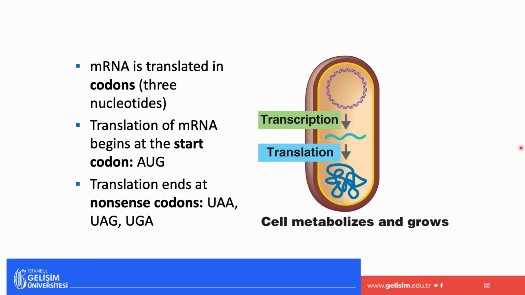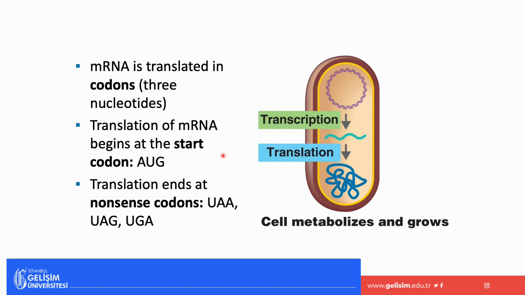So AUG, okay, AUG is the start codon, which codes for methionine and signals for the beginning of translation. Whereas UAA, UAG, as well as UGA are the 3 stop codons which signal the end of translation and do not code for any amino acids.